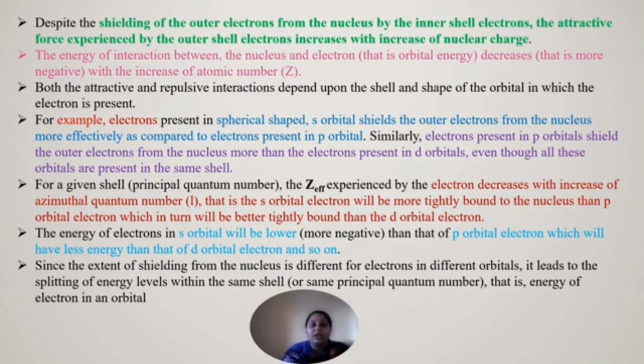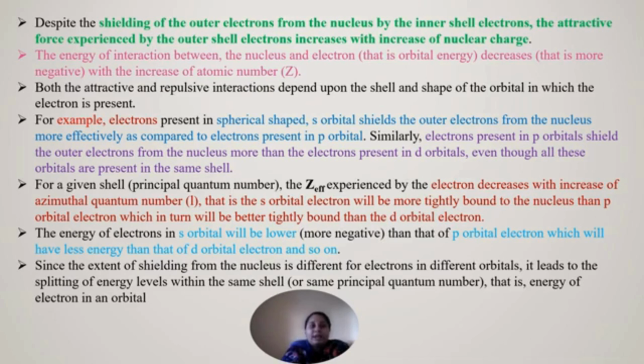Suppose an electron is in a spherical s orbital, it shields the outer electrons from the nucleus more effectively as compared to the electrons present in a p orbital. Similarly, p electrons shield the outer electrons more efficiently than the d orbitals, even though they are present in the same shell.